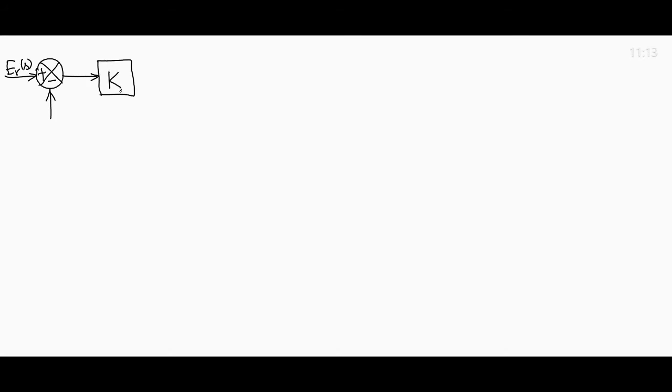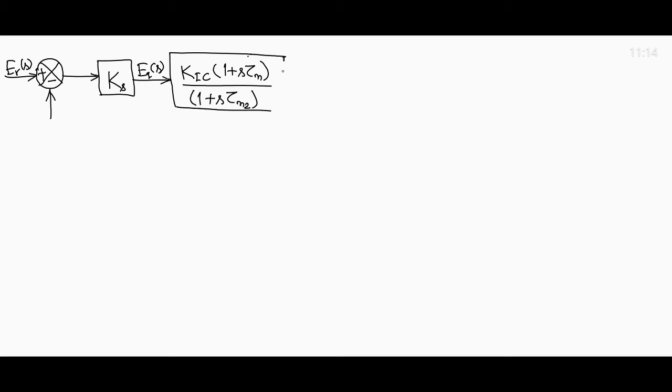This is the speed controller, neglecting the clamping. So we assume only linearity, a straight line. So the gain is Ks. This is the reference current EIS, and the current transfer function is KIC into 1 plus S tau m divided by 1 plus S tau m2. This is the current transfer function.